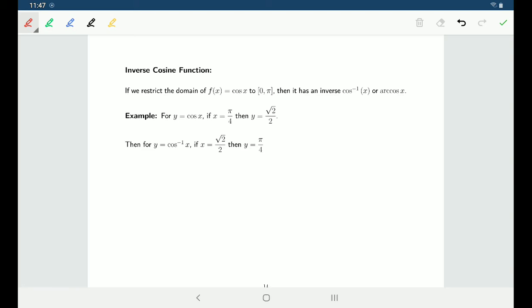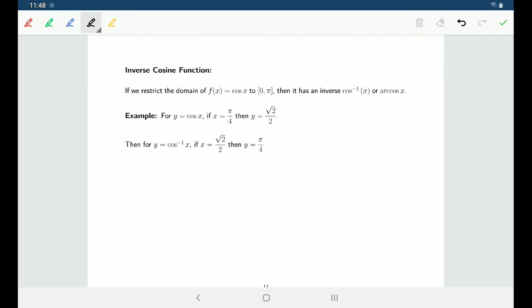Another similar thing, just as before with cosine inverse, the notation we could write is cos with a little -1, or we could write arc cos, the arc cosine function, and those are both equal to each other. Same thing as how sine inverse of x and arc sine of x were both equal to each other. Cosine inverse of x and arc cosine of x are equivalent.